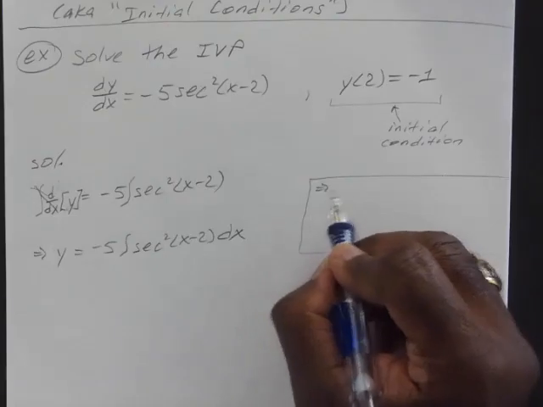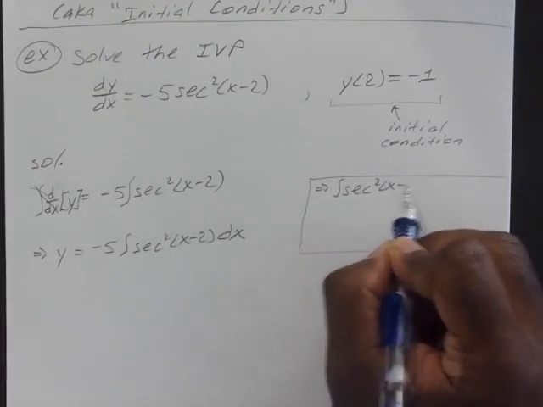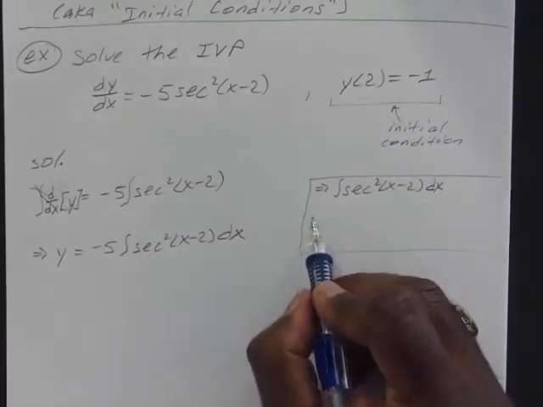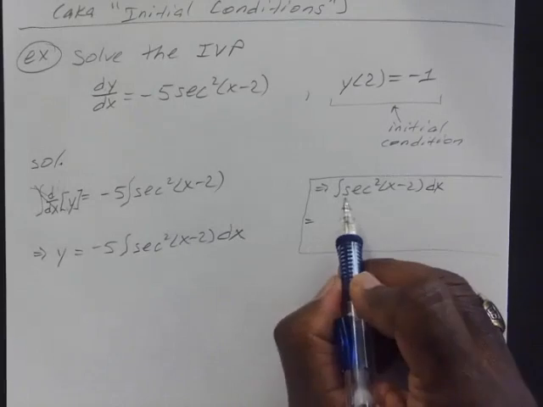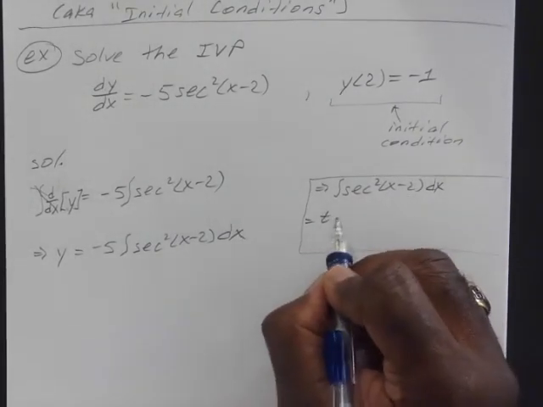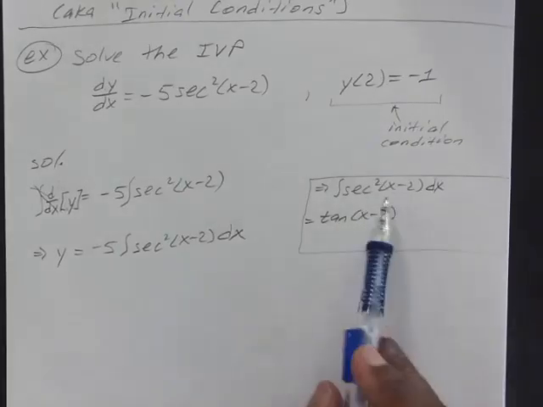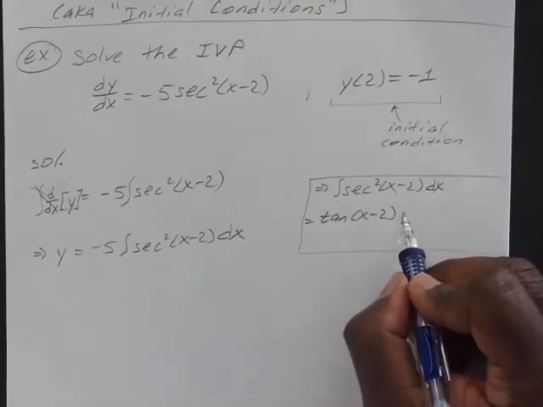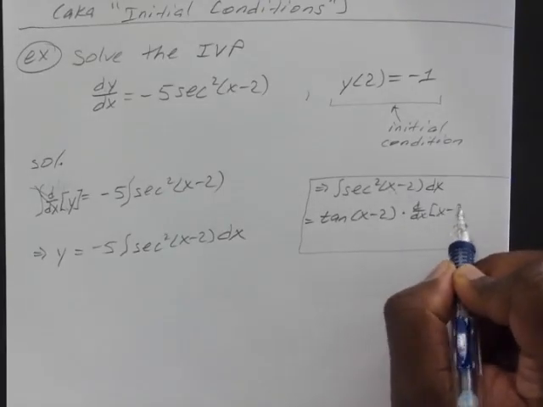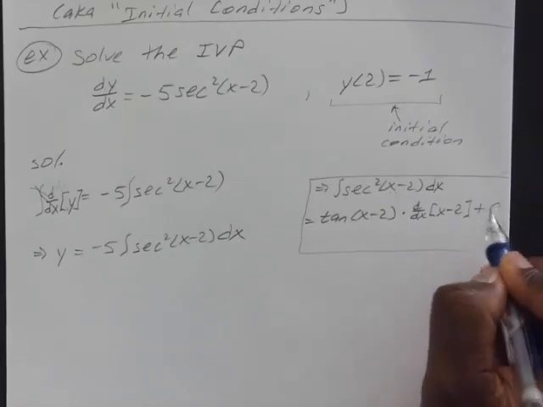Okay, but we know that the antiderivative of secant squared of x minus 2 with respect to x is equal to tangent of x minus 2 times the derivative of x minus 2, plus c.